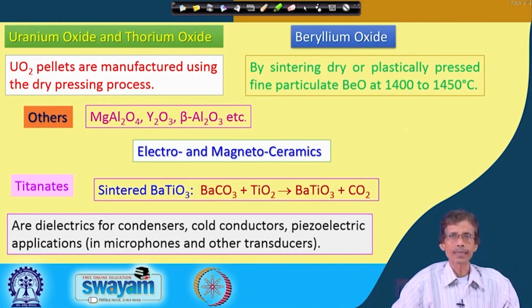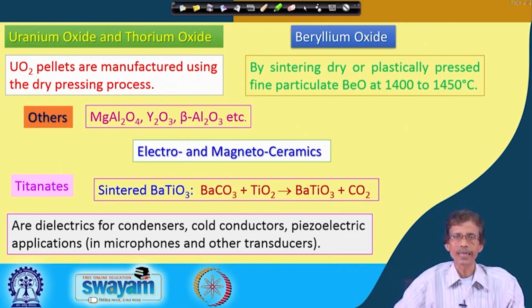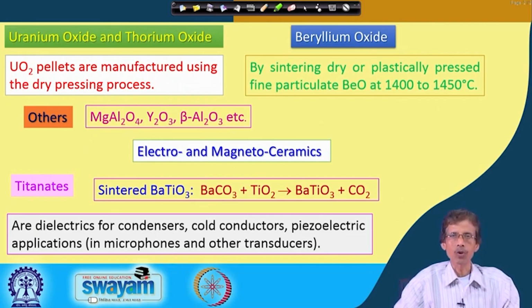Sometimes these barium titanates are typical raw materials we get from nature. How do we make the corresponding barium titanate material? We simply take titanium dioxide, from the source of rutile. Rutile is a fine white powder which is naturally available, the most important titanium ore basically. When the rutile material is burned in the presence of barium carbonate, we get barium titanate, that means the barium salt of titanate.